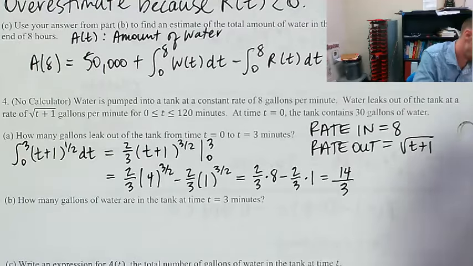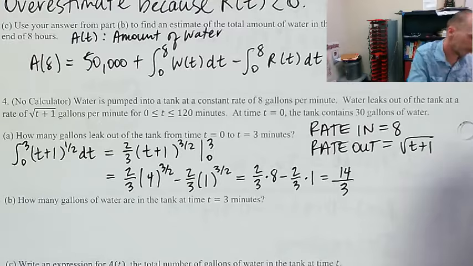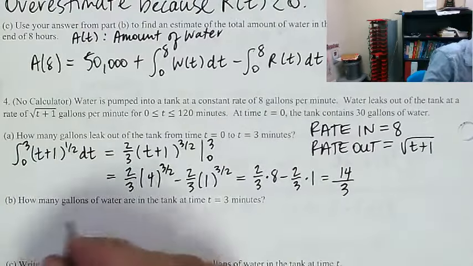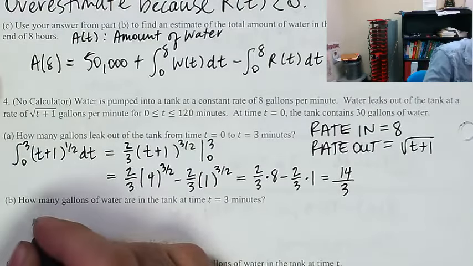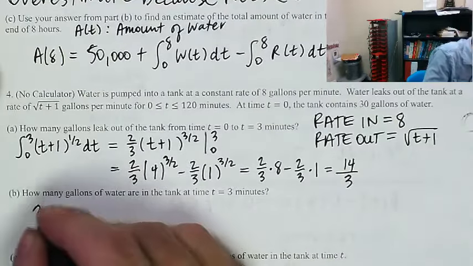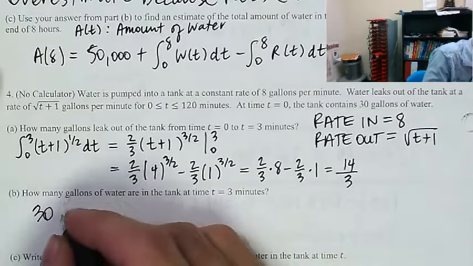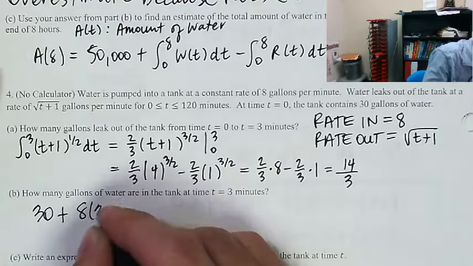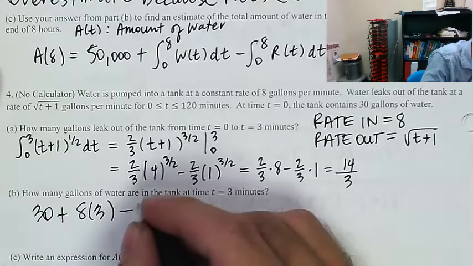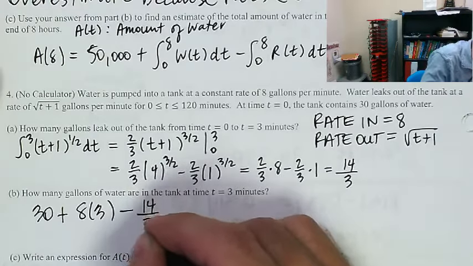All right. How many gallons of water are in the tank at time t equals 3 minutes? Well, the amount of water at t equals 3 would be the amount that we started with, 30, plus rate in is 8, so 8 times 3, minus 14/3, right?